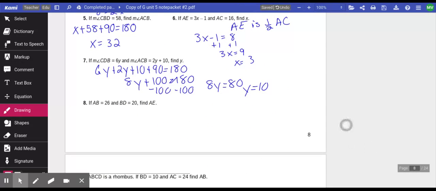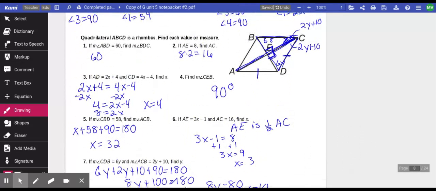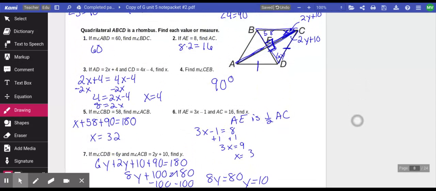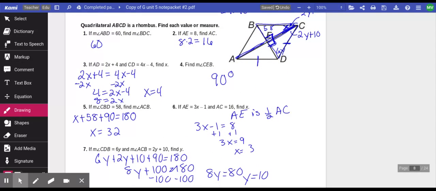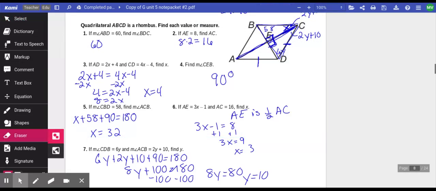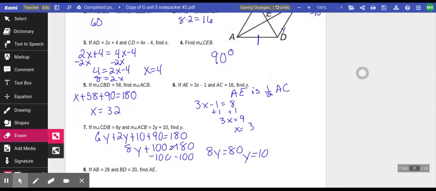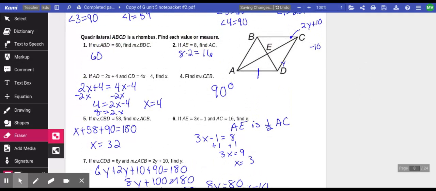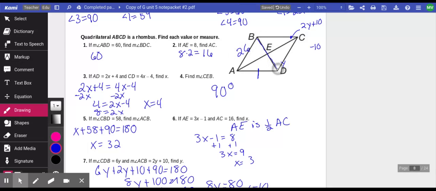Number 8, AB equals 26, BD equals 20, and I'm looking for AE. All right, I'm going to erase some stuff up here. What they just told me on number 8 is that AB equals 26 and BD equals 20.